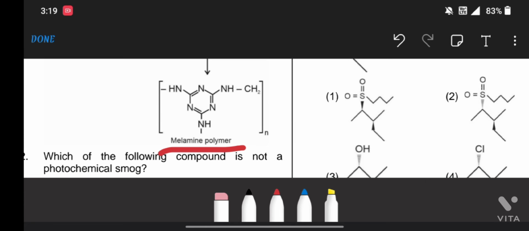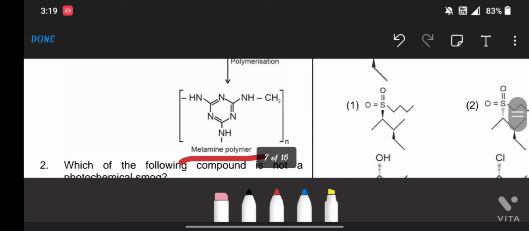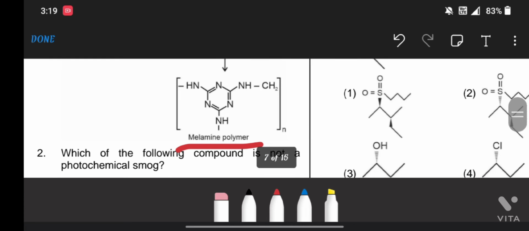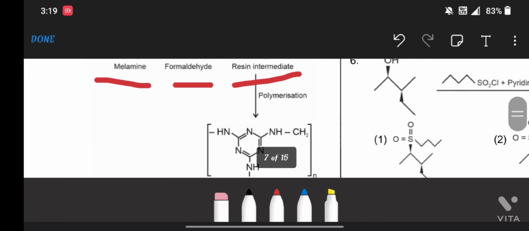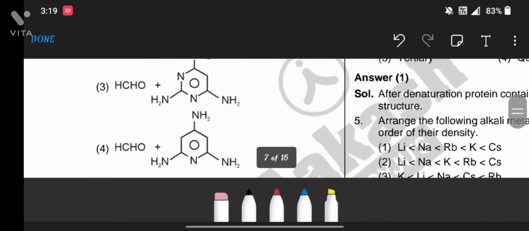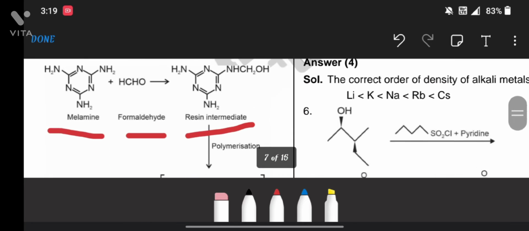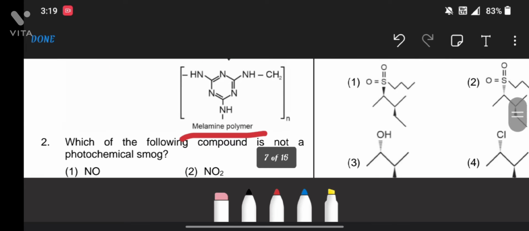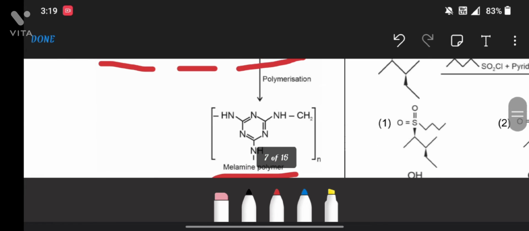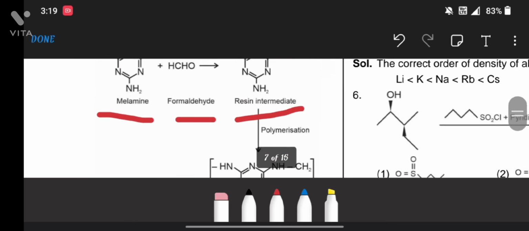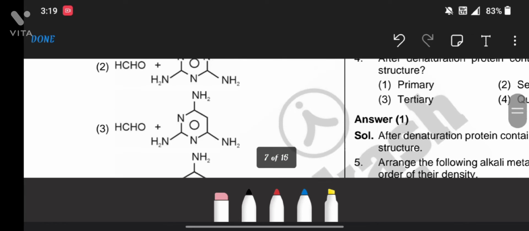Okay, let us come to the options. They are asking what the melamine polymer is made up of. So it is made up of both of these, and in all the options HCHO is common.